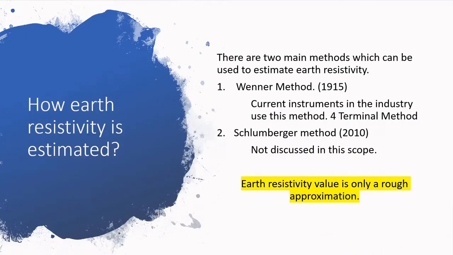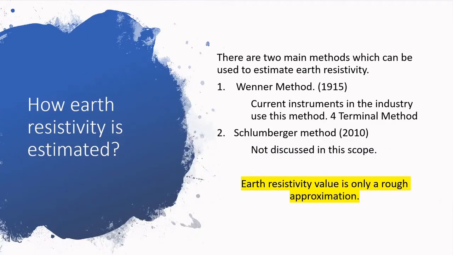So the most important thing you need to know is this earth resistivity value is only a rough estimation. So when you are doing an earth resistivity measurement, you need to do an approximation. This is not a correct measurement. You are going to read the approximate value. So actually you are not going to read the earth resistivity directly out of your meter.